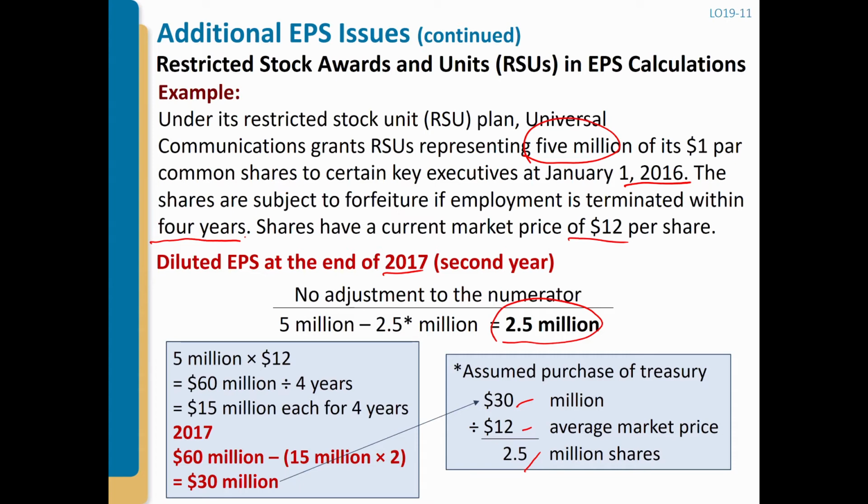These are not vested shares yet. If vested, then you just add them to calculate your basic earnings per share. Remember, we are calculating the diluted earnings per share. We have to assume what if. These are not real, just our imagination.